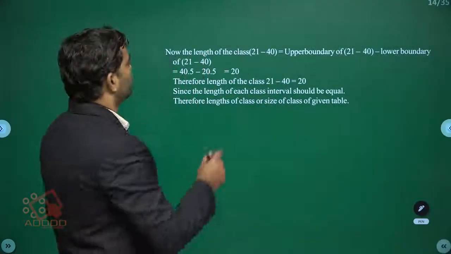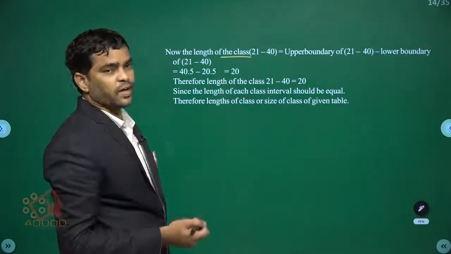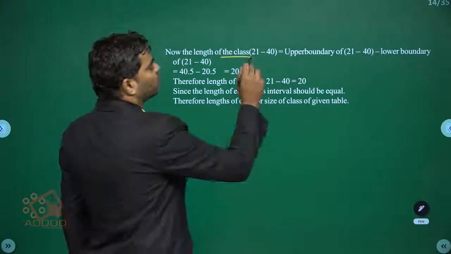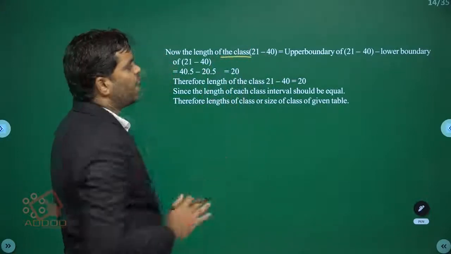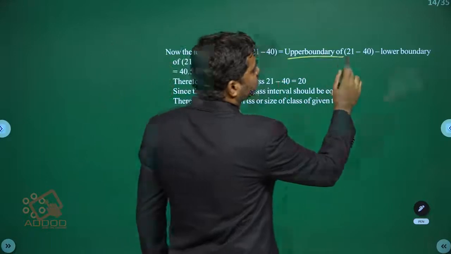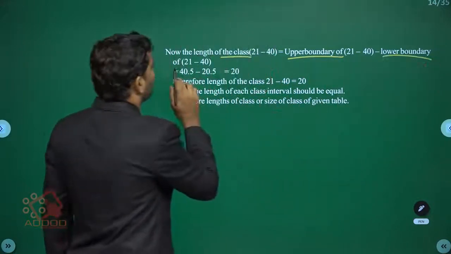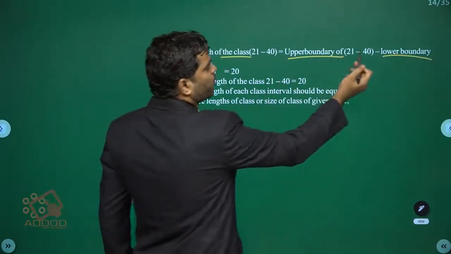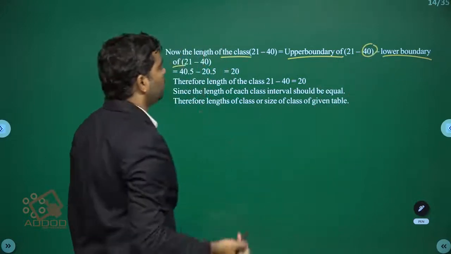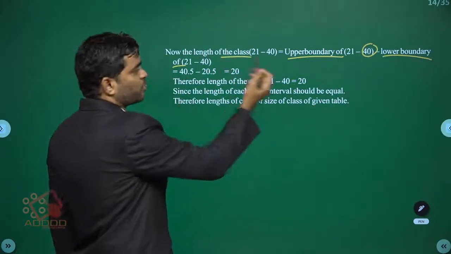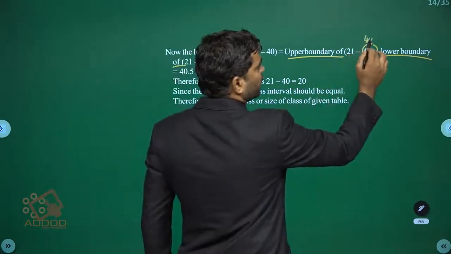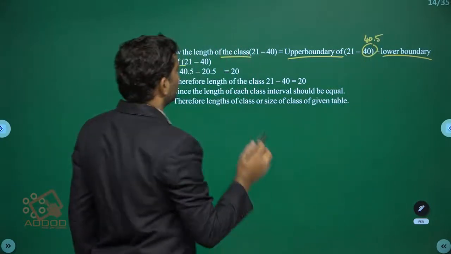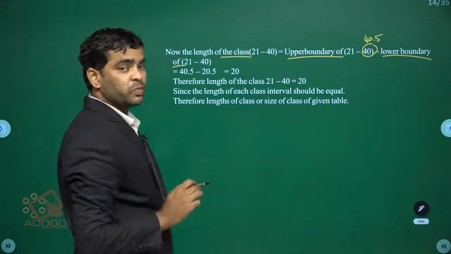Next, let us find out the length of the class. For 21 to 40, you subtract the lower boundary from the upper boundary. The upper boundary is 40.5, which we made, and the lower boundary is 20.5.